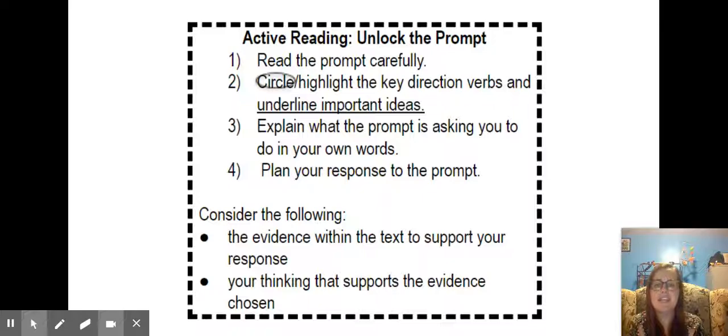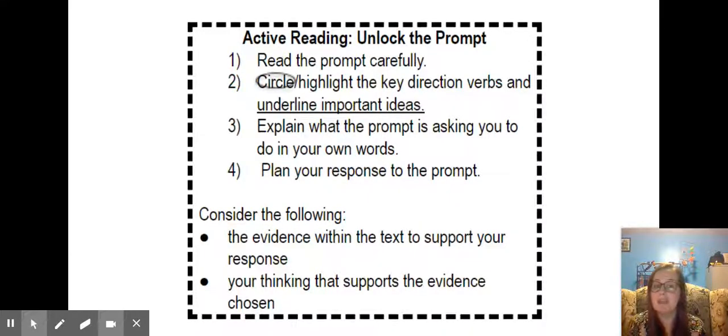Step 3, explain what the prompt is asking you to do in your own words, and then plan your response to the prompt. When we are doing our unlock the prompt, we need to consider the evidence within the text to support our response. So whenever we do a writing, you still need to use details from the text.